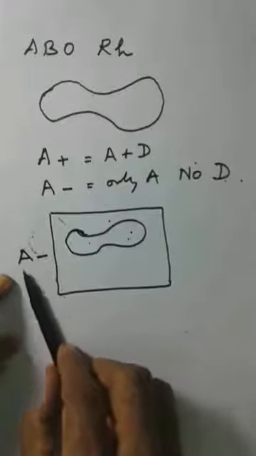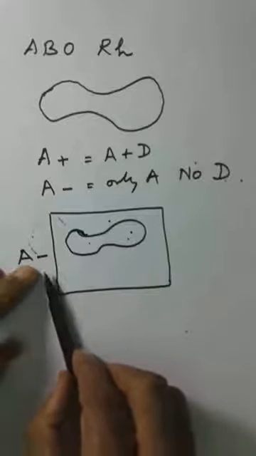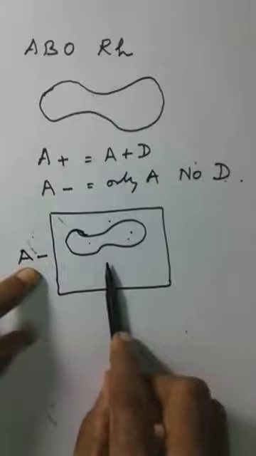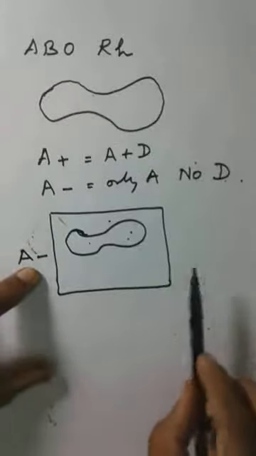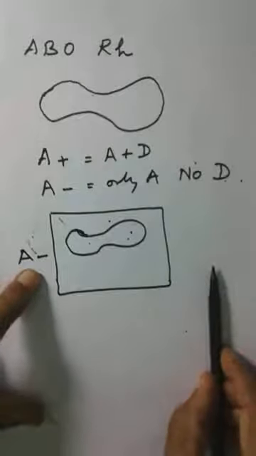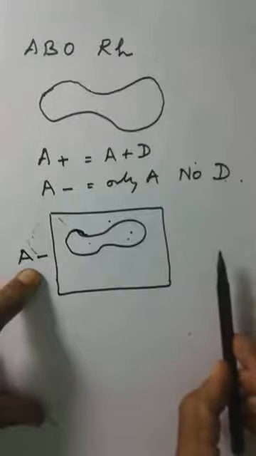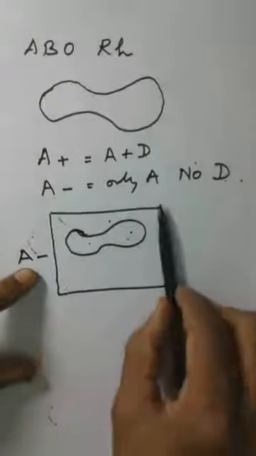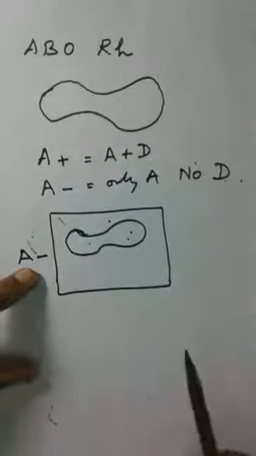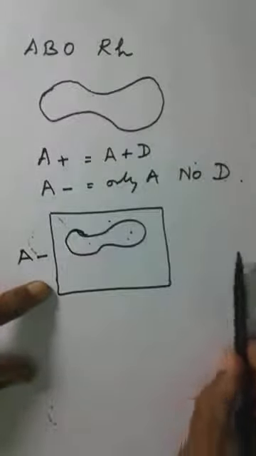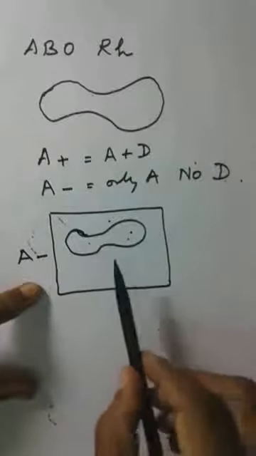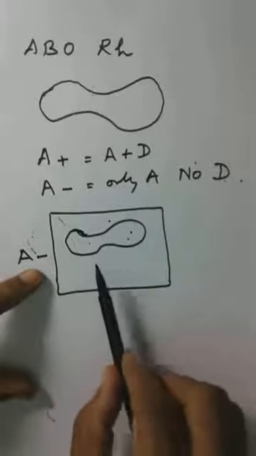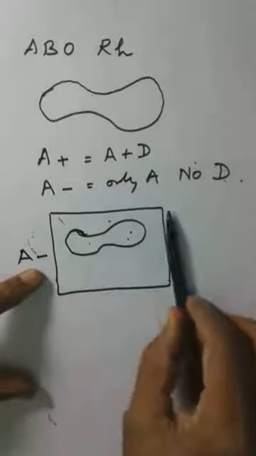If the mother is having a Rh negative blood and her child is having a Rh positive blood group, then at the time of parturition, delivery, there is chance for the child's blood to go to mother's blood, and in the mother's blood anti-D will be formed because it is sensitized.